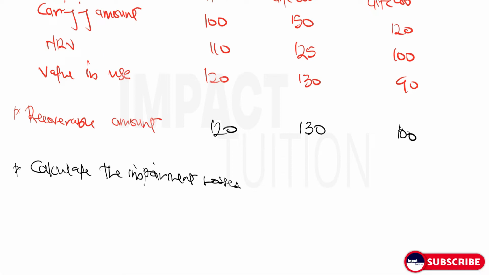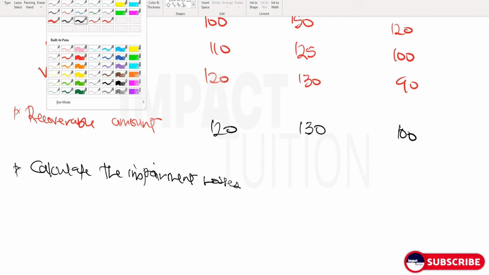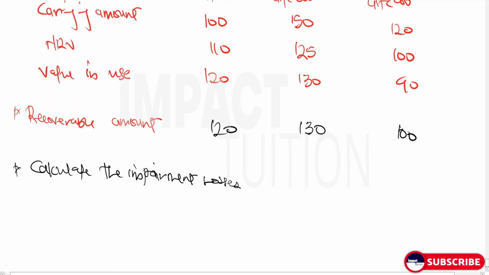Asset A has a carrying amount of 100 and a recoverable amount of 120. Since the carrying amount is lower than the recoverable amount, there is no impairment loss. So impairment loss for asset A is nil or 0.